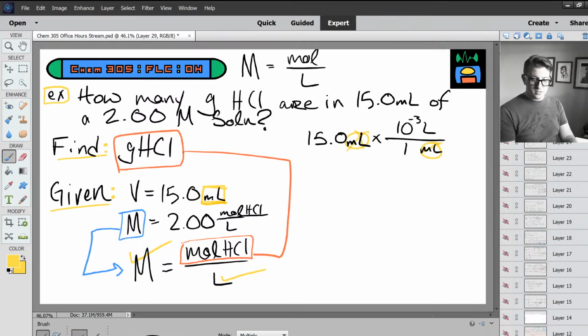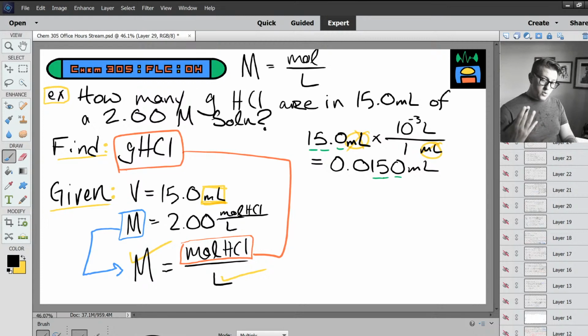Milliliters cancel. And our volume in liters turns out to be 0.0150 liters, because, again, we have to keep 3 sig figs because we started with 3. Sorry, this is not mils, that's liters.